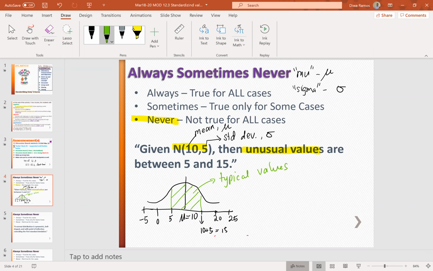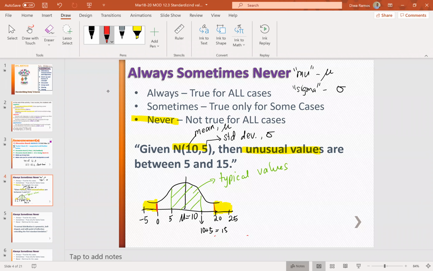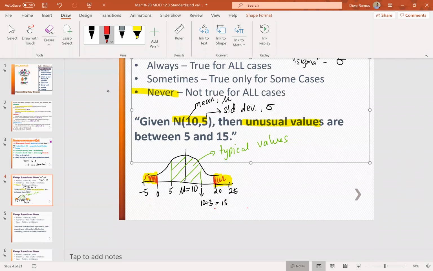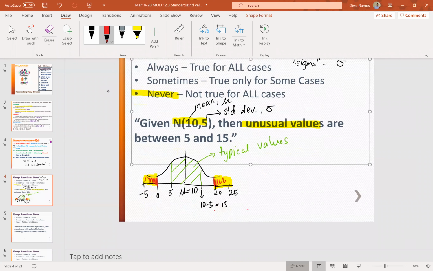Our unusual values are beyond the second standard deviation. So right here on the unusually high tail, and this is the unusually low tail. For it to be considered unusual, it has to exceed or go beyond the second standard deviation, because the first two standard deviations will be about 95% of the data.